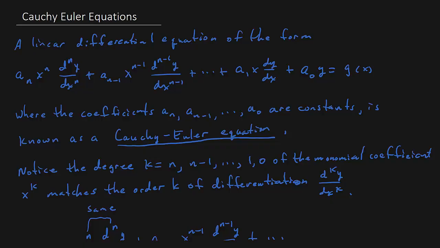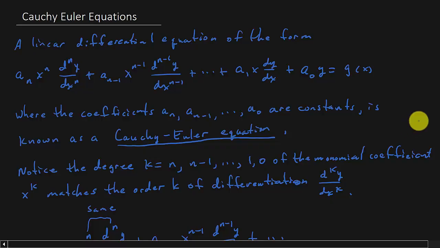A linear differential equation of the form a sub n x to the n times the nth derivative of y with respect to x, plus a sub n minus 1 x to the n minus 1 times the n minus 1 derivative of y with respect to x, all the way down to a1 x dy/dx plus a0 y equals g of x, where the coefficients a sub n to a0 are constants, is known as a Cauchy-Euler equation.